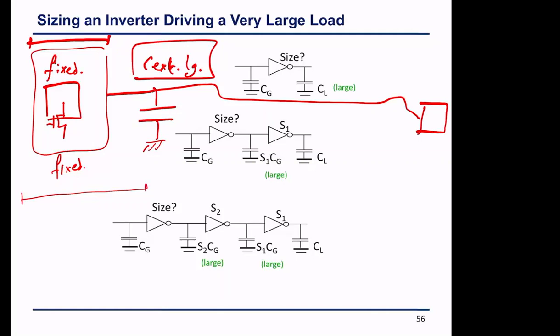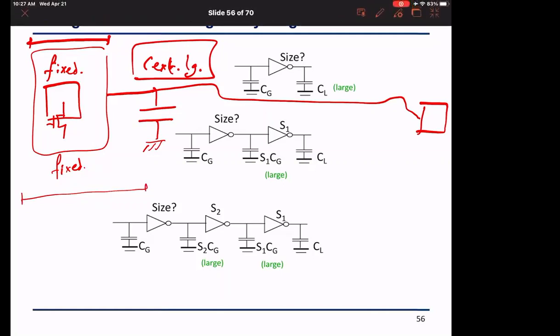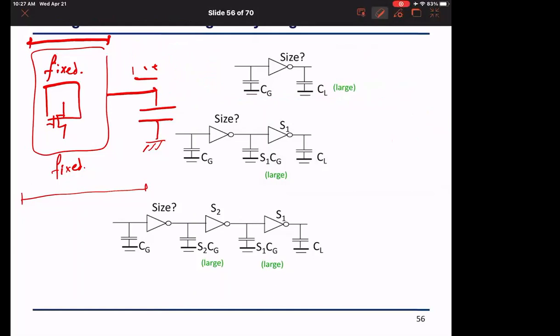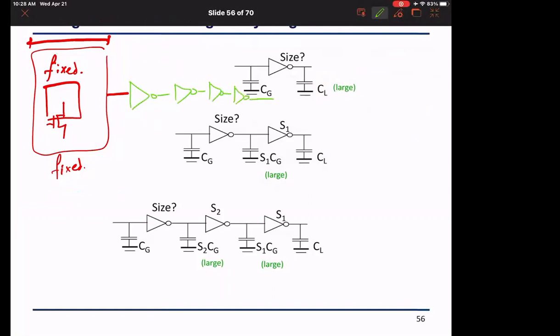So instead of interfacing this fixed block, which I cannot touch as a designer, with the large capacitance, what we do is put what we call repeaters or buffers. I start by putting a chain of inverters, for example 4 of them, such that the first one is small and the others are scaled by some factors S1, S2, S3, so that they are large enough that they do not incur a large delay when trying to handle the big capacitor.